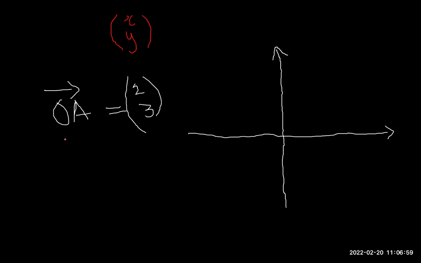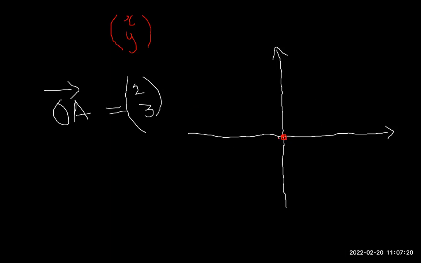So from my starting point, which is this origin here, I'm moving 2 spaces to the right, and then the bottom number, which tells me about the movement along the y-axis, because it's a positive number, means that I'm moving 3 spaces up. So what's going on?